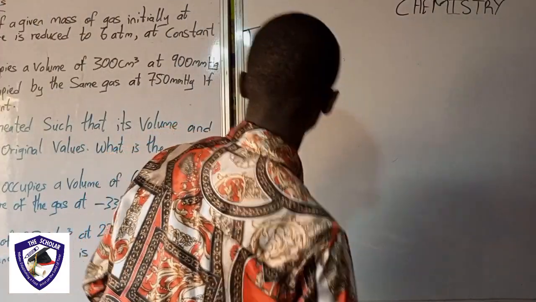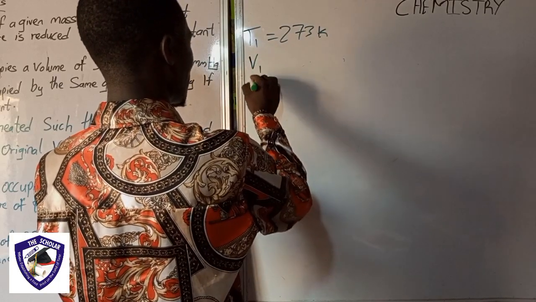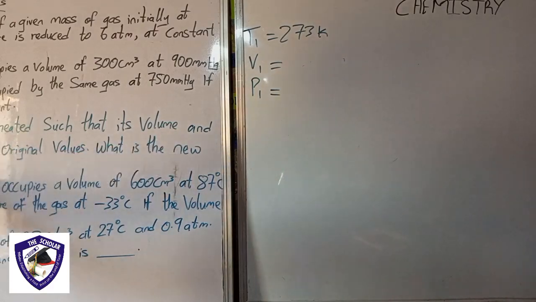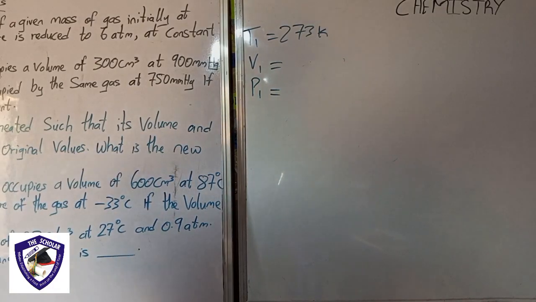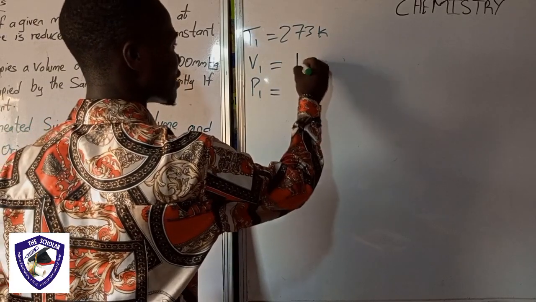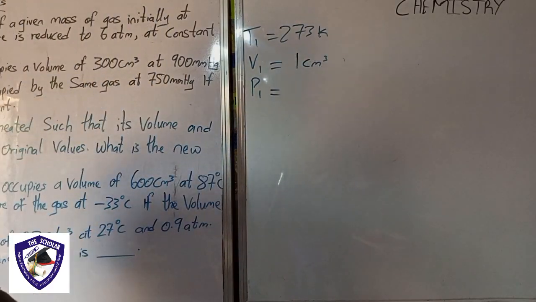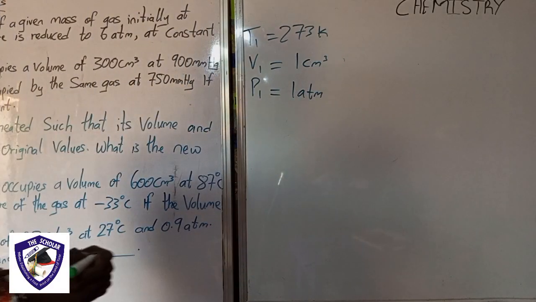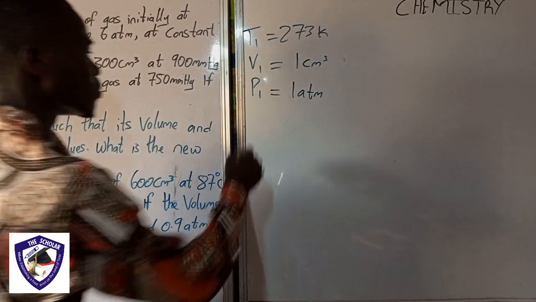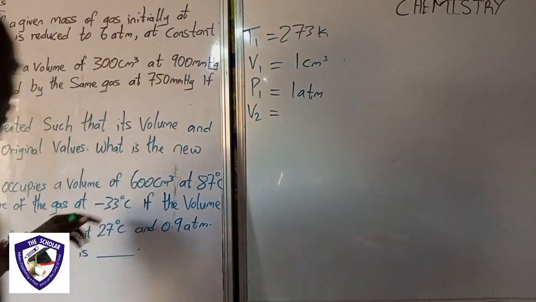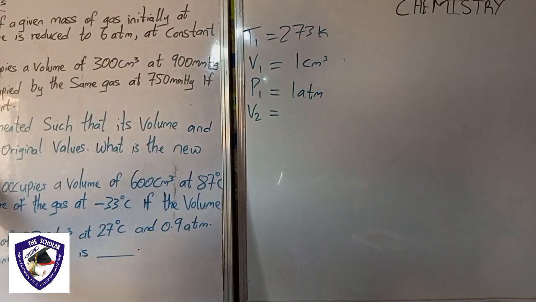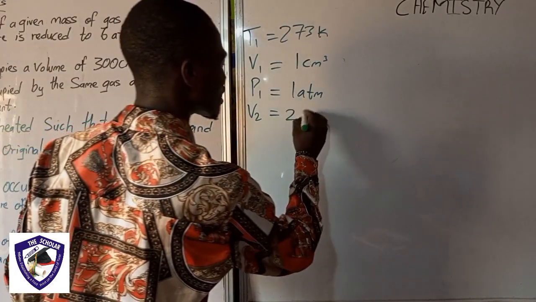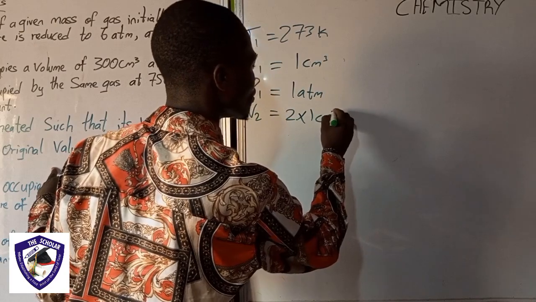Let's put it down in writing. Now, for V1 and P1, such that its volume and pressure become twice their original values. Let's assume I'm using 1 centimeter cube as my original value, and for pressure I'm using 180 as my original pressure. It means for V2, my V2 will now be 2 times 1 centimeter cube.